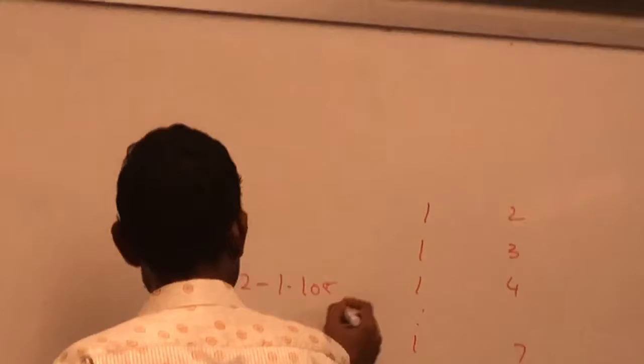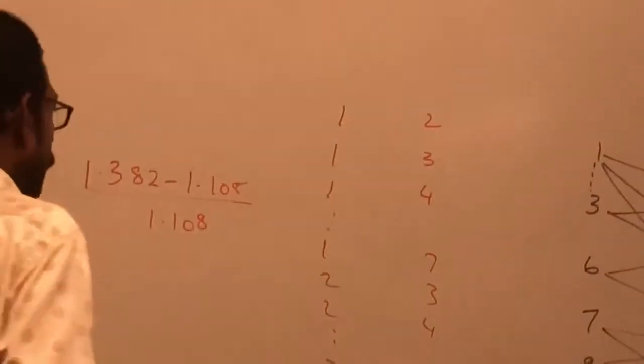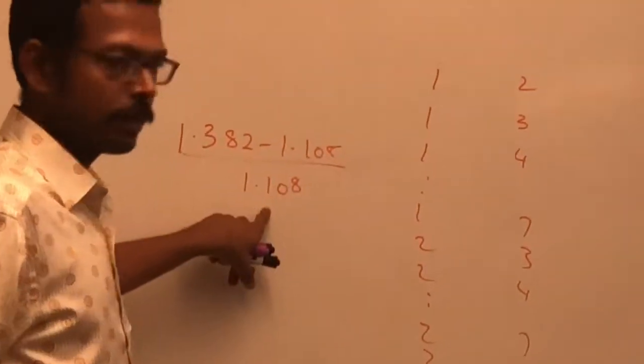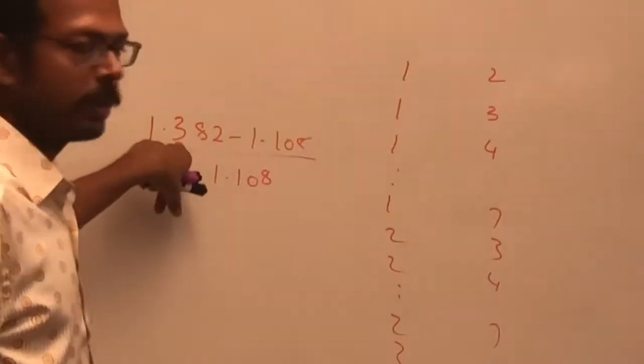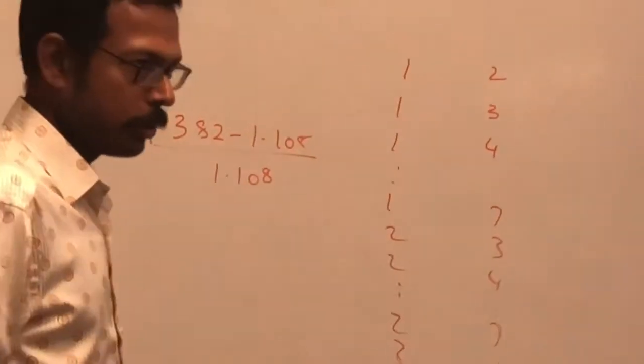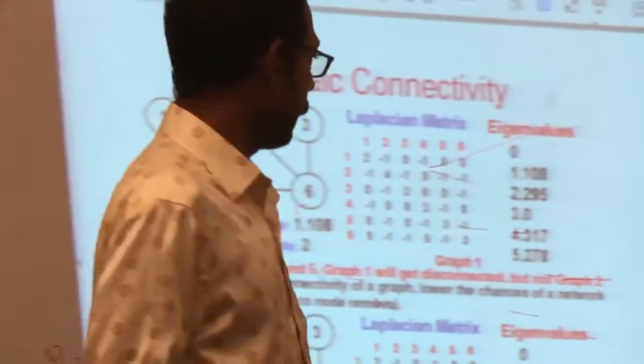It's a good way of analyzing. So this is the difference. It increased from 1.108 to 1.382, and you take the ratio like this. Okay? Clear? Now, one more thing.